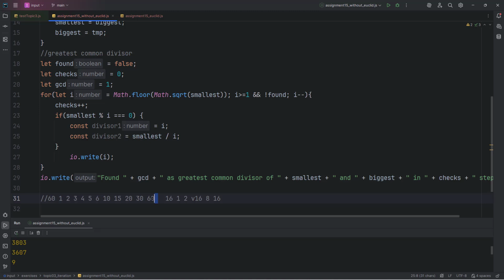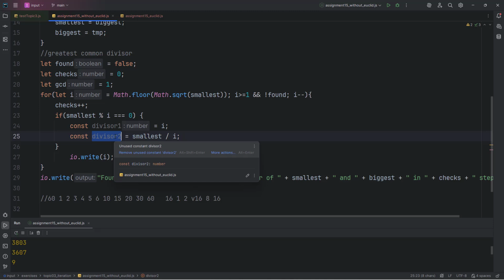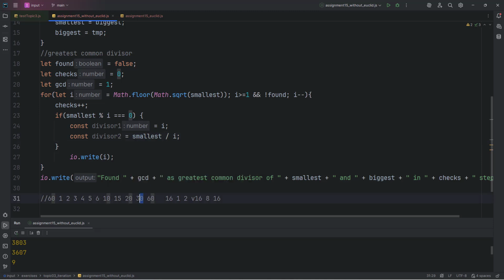So I'm going down. 60 gives me, as the first I, a real divisor. Okay. And then I find 60 divided by 1. 60 divided by 60, that's the second divisor being 1. Going down, okay, gives me 30 eventually. 30 being the first divisor. And then, of course, 60 divided by 30 gives me 2, the second divisor.